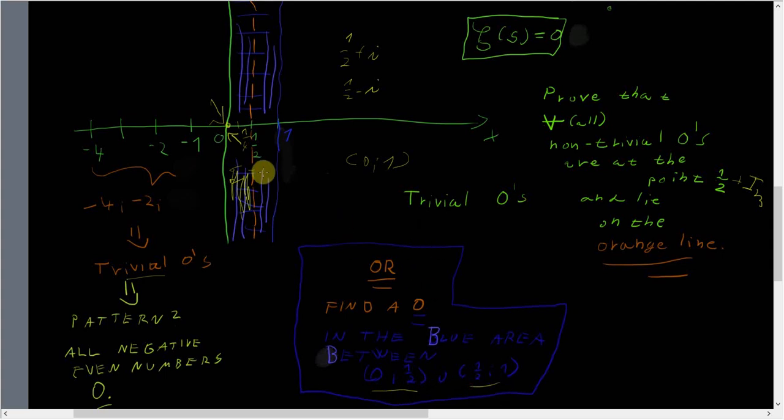If we find one zero, that disproves the statement because he said that all the zeros lie on this part of our plane. And if we disprove that, we win basically a hefty sum of $1 million from the Clay Institute.